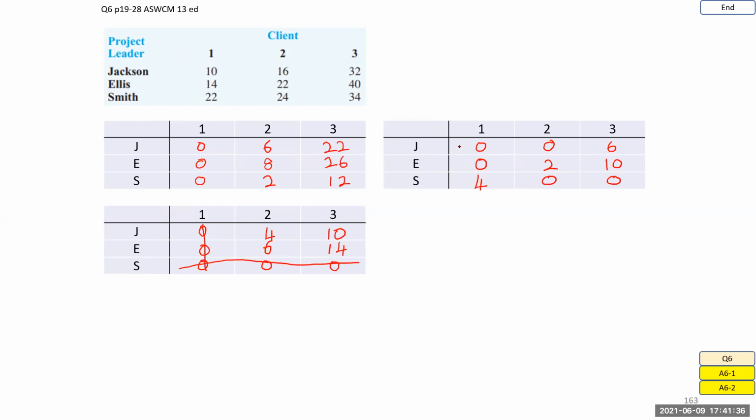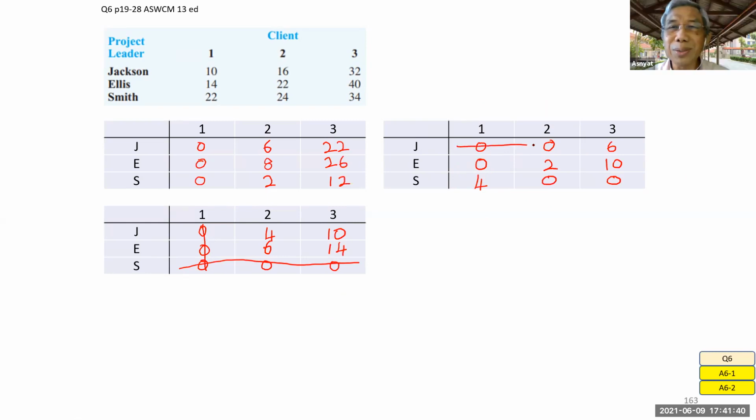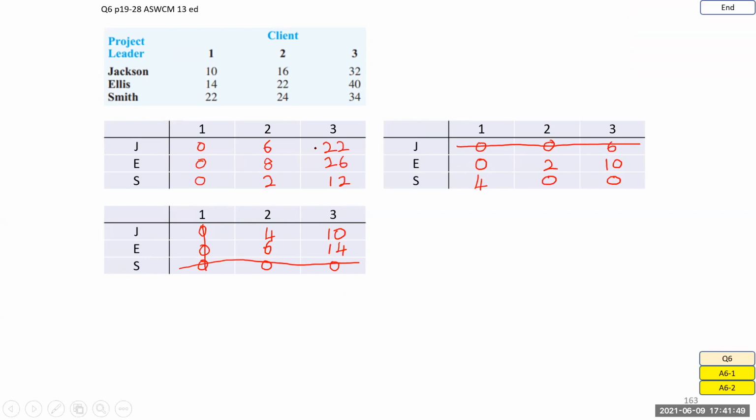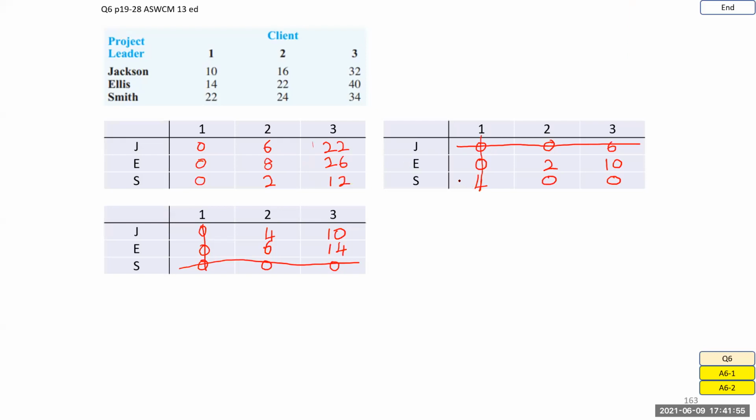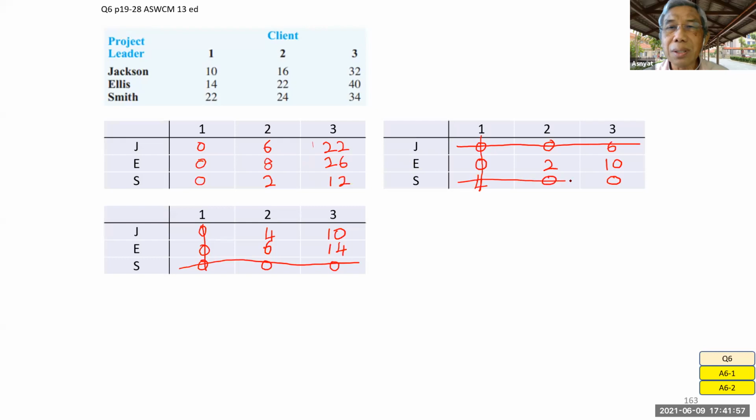Horizontal. Okay, it doesn't matter, you can try the other way. Horizontal, and then vertical to hit the other 0. Horizontal, vertical, and then horizontal.